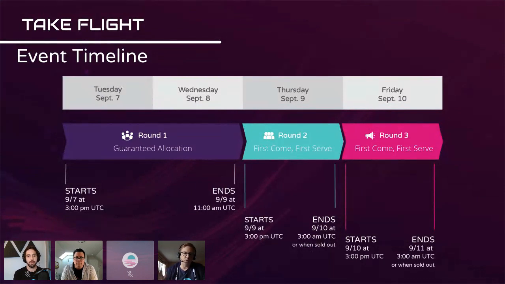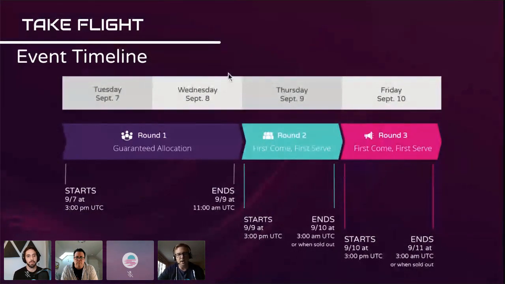The subsequent two rounds are first come, first served. The second round was a larger set of community members, looking at our Discord and groups like that, and people who have been registered for quite some time. And then the third group builds on top of that and extends it further without some of those cutoffs and so on.